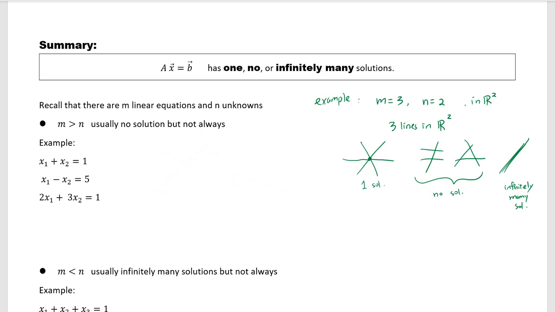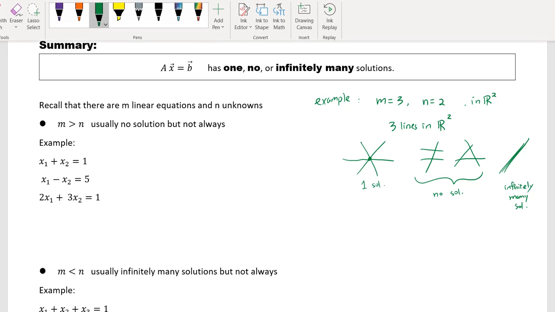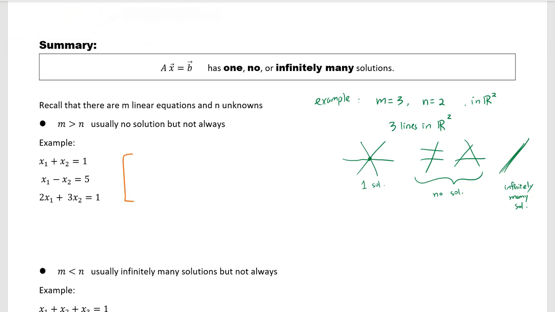Okay, for example, look at this guy. And let's write down the augmented coefficient matrix. So we have 1, 1, 1, 1, minus 1, 5, 2, 3, 1. Okay, so let's see. We can use this one to clear the entry below it.